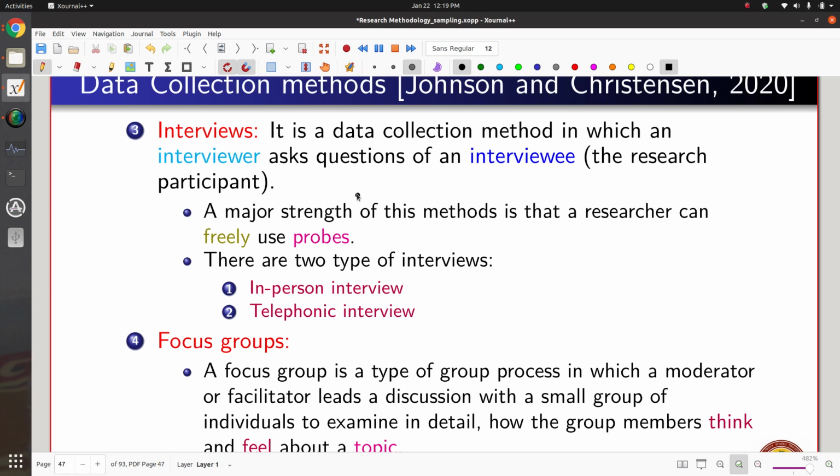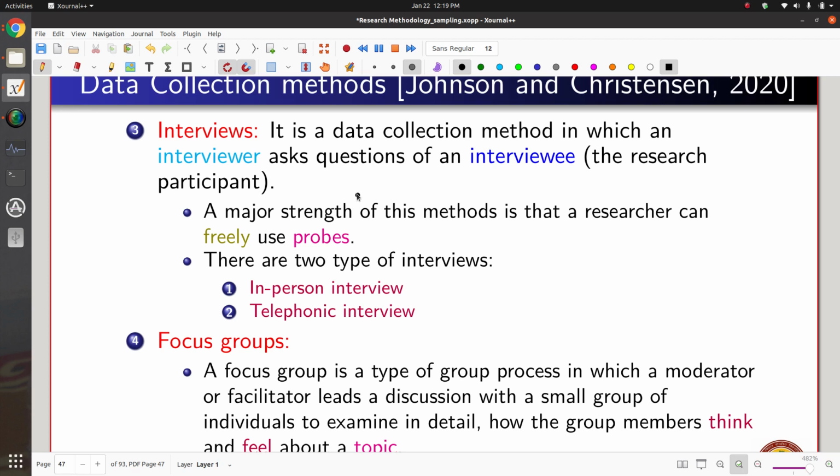But you know that in-person interview is a bit costly also, because in order to take an in-person interview, interviewer and interviewee both have to be at the same place.